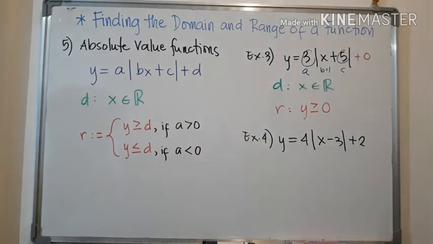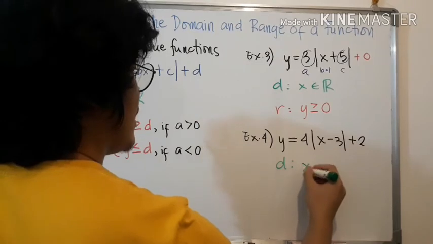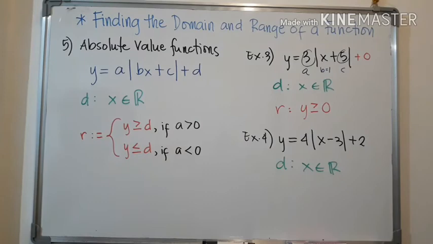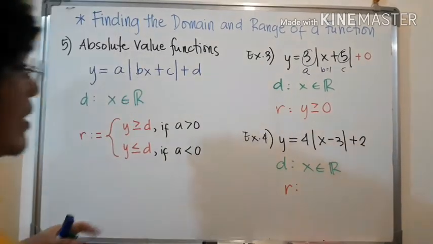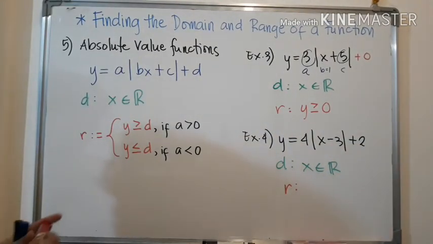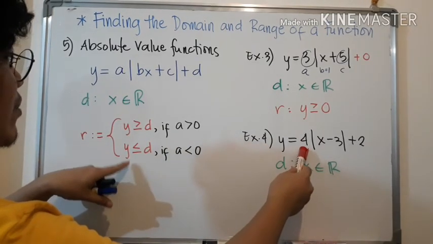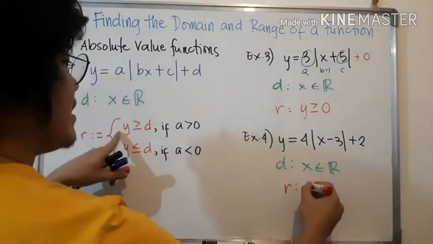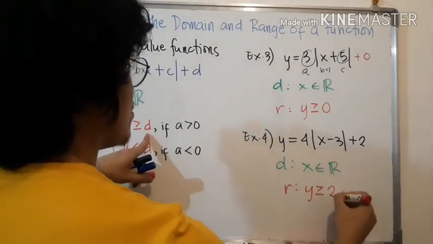So our domain is still the set of all x in the real numbers. And our range is, okay, so what case could this be? Since our a, which is 4, is positive, then we'll make use of the first case. So the set of all y's greater than or equal to our d, which is 2.